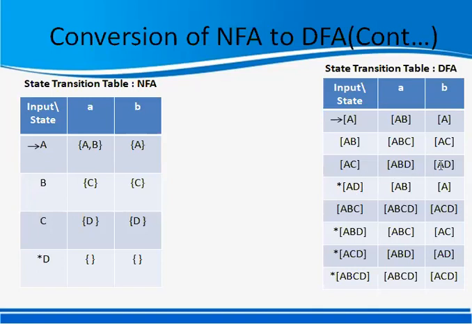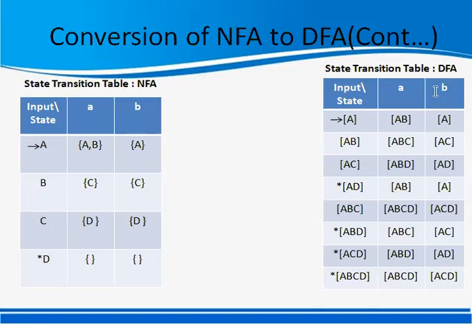Similarly, now we will see the transitions on AD on input small a. So we will take the union of AD, it will give AB. So we have written here AB.